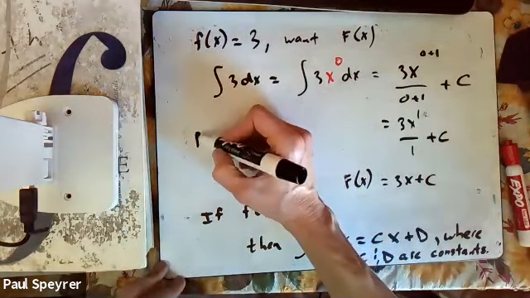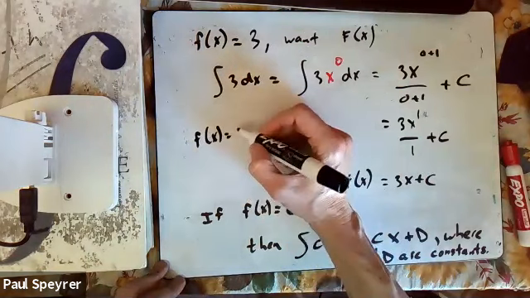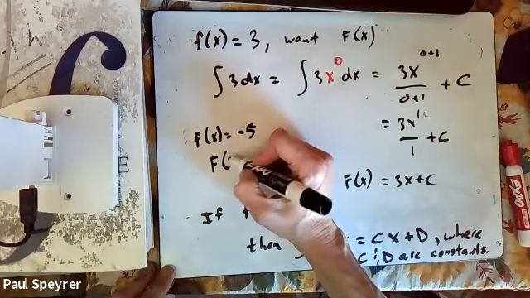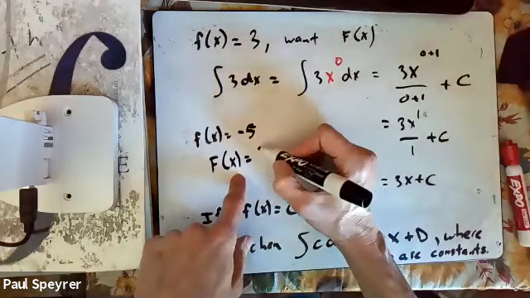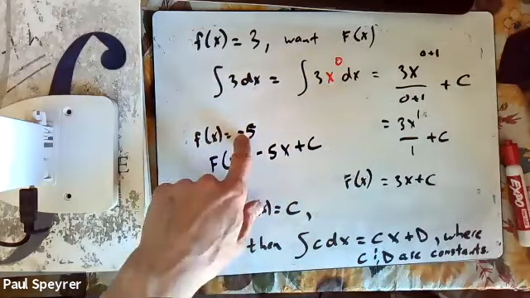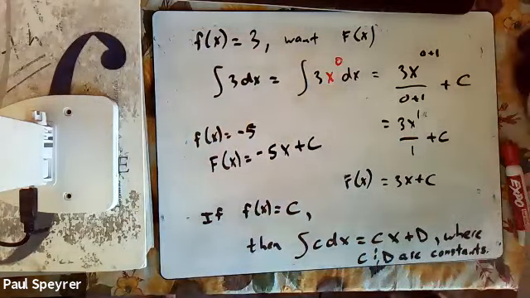So if f of x is equal to, say, -5, what's the antiderivative of that going to be? It's just going to be -5x plus C, because this is just a constant by itself.